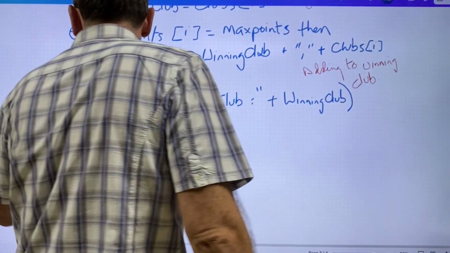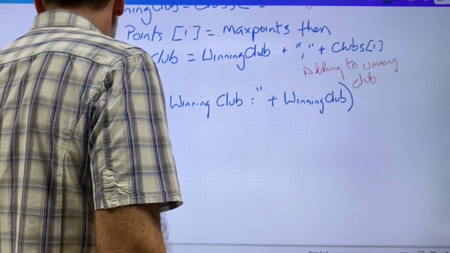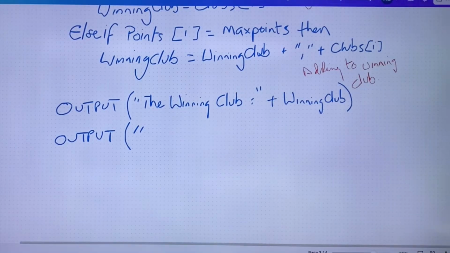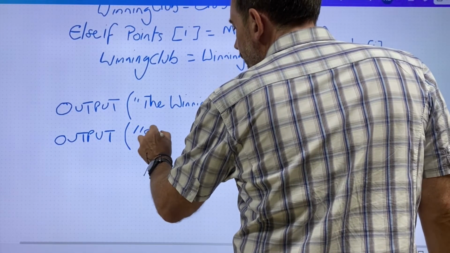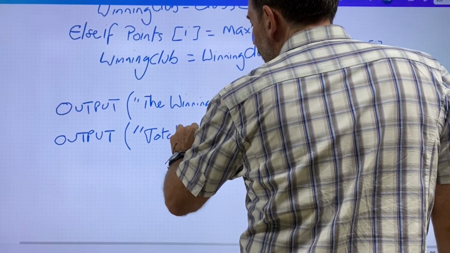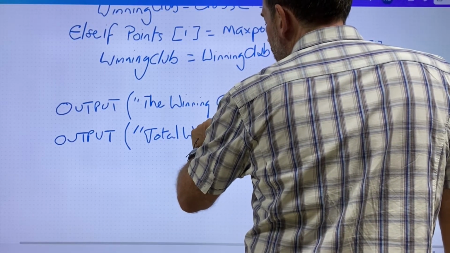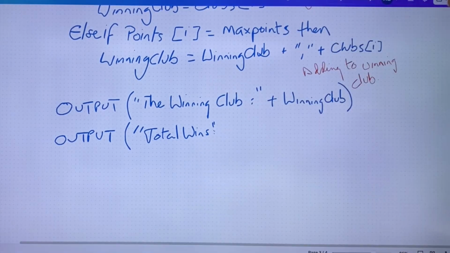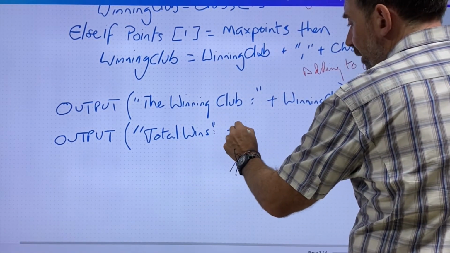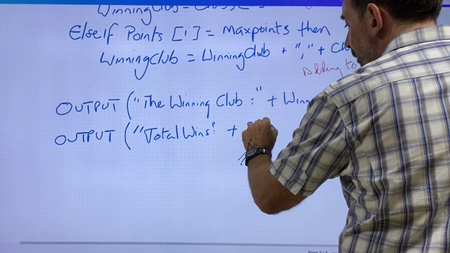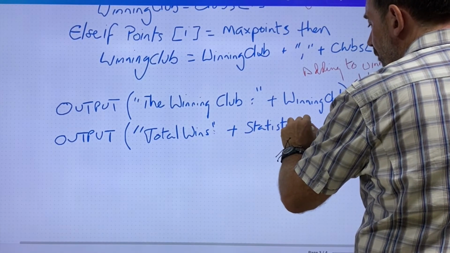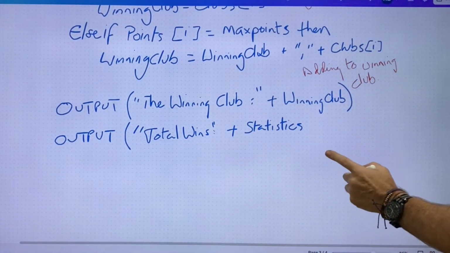Then output. What do we need to know next? The total number of wins. Total wins. Now we're going to refer to the statistics database. What are we going to refer to?